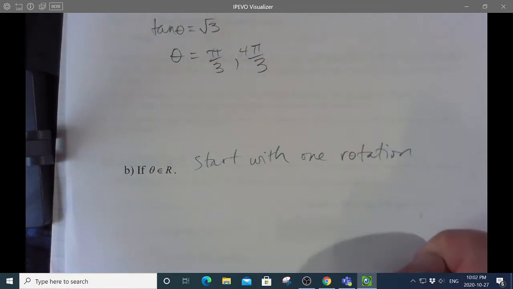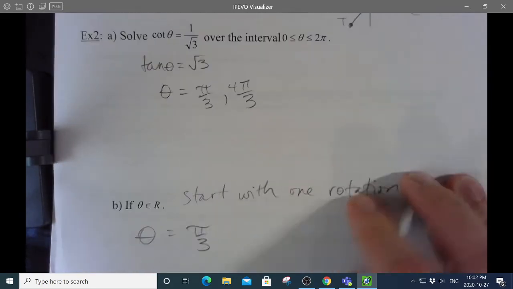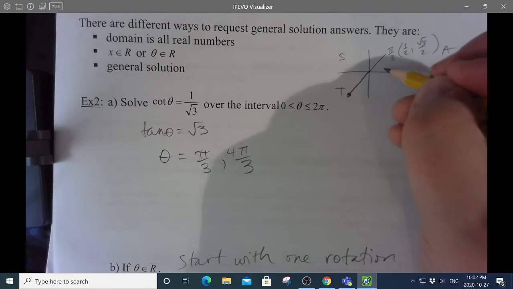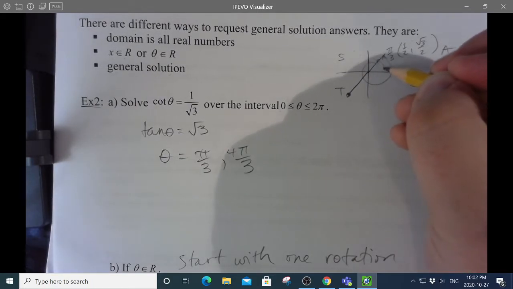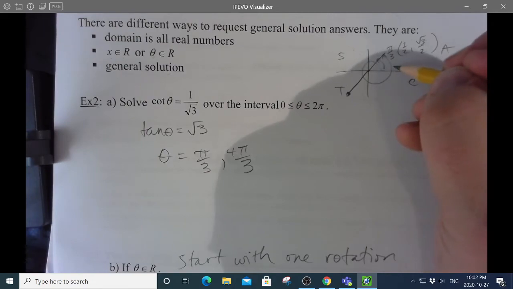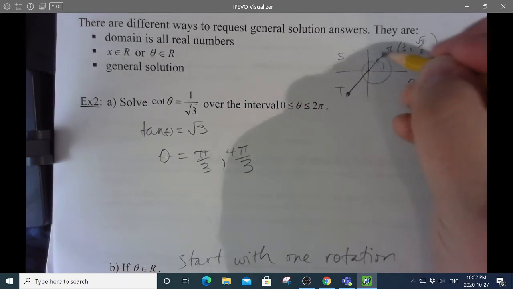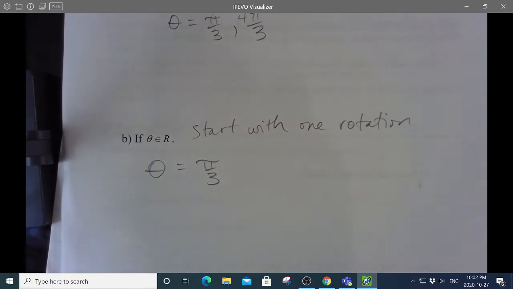So, theta can be pi by 3, but then if I spun around and hit it again, that would be pi by 3 plus another 2 pi. And then I could spin around, which means I'd be plus 4 pi. And then it'd be plus 6 pi, plus 8 pi. Do you see what's going on here? It's basically going to be this added to every even number of pi's.